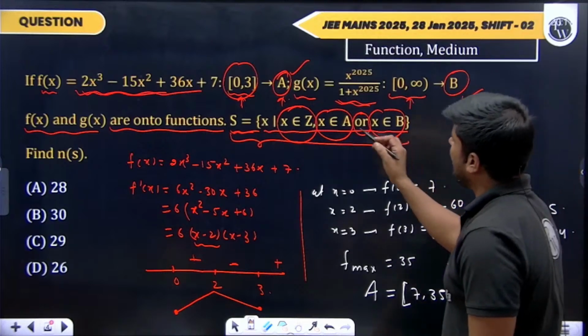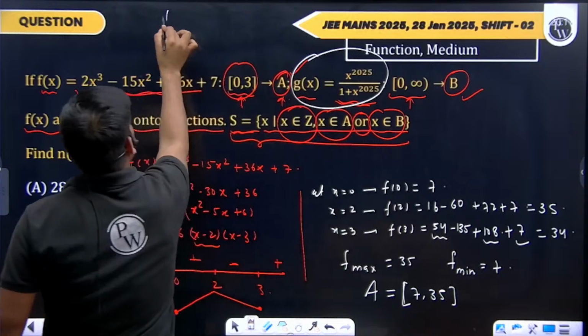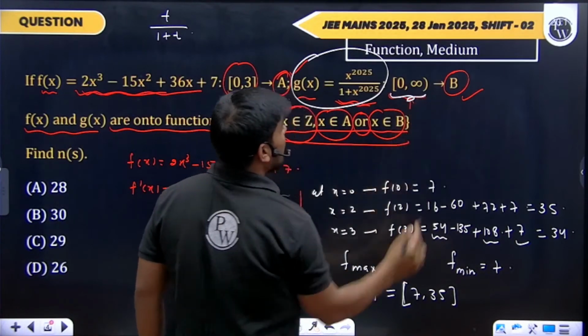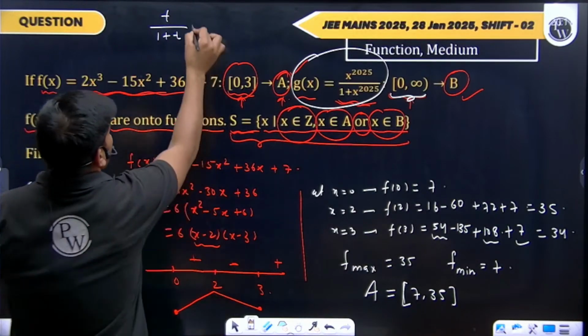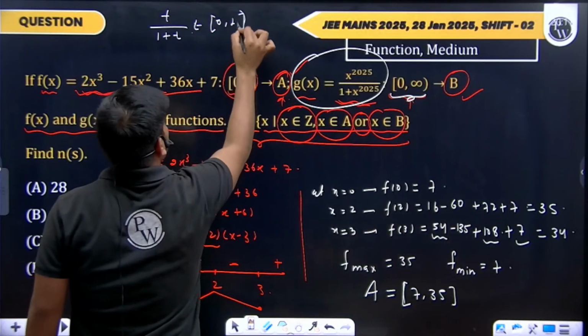Now we have to find the range of function g(x). g(x) is written as t upon 1 plus t, and since it is defined on the interval 0 to infinity, we can say this function belongs to 0 to 1, with an open bracket at 1.